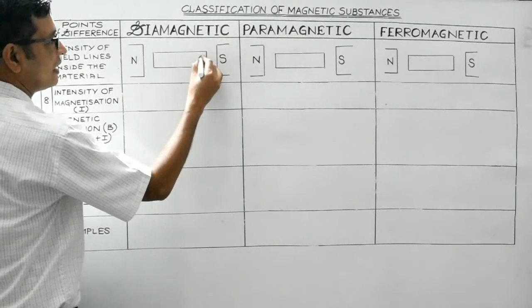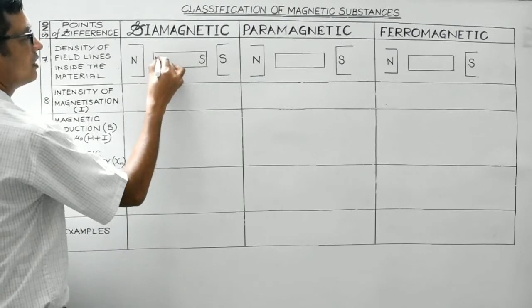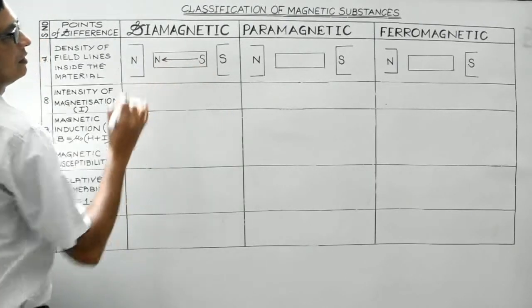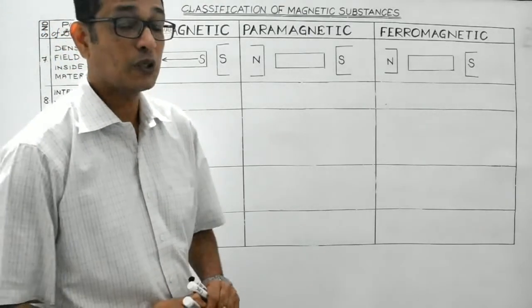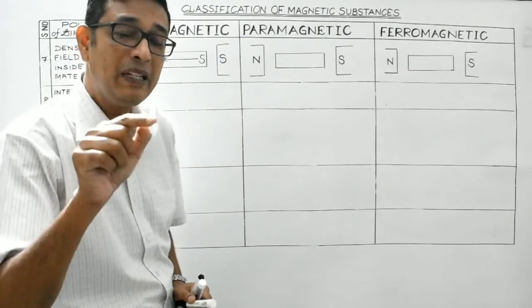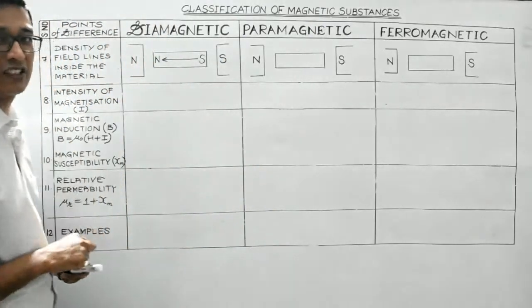So it will get magnetized in an opposite direction, in this direction. So this will be the direction of its magnetization. Clear, students? So the first point to be noted is that a diamagnetic substance gets feebly magnetized in a direction opposite to that of the external field.